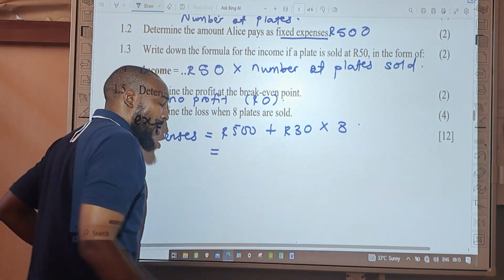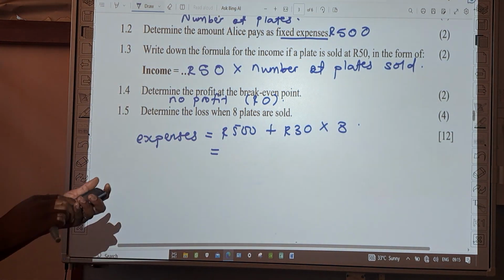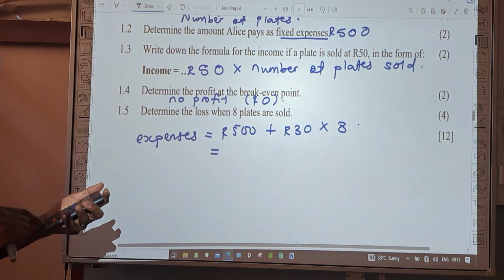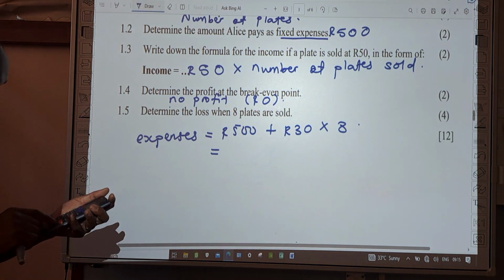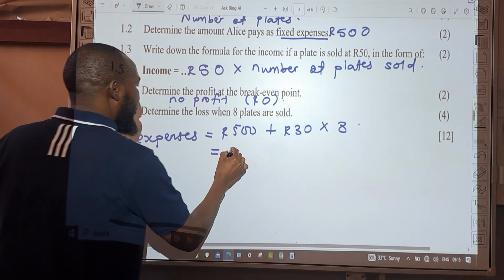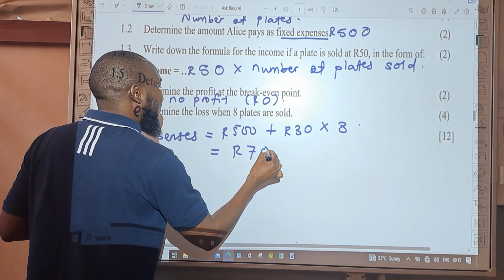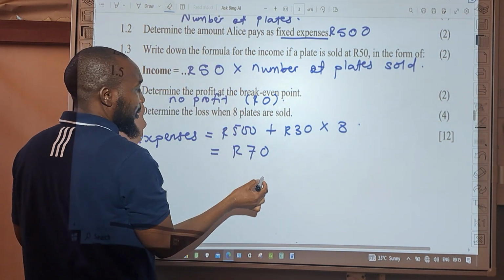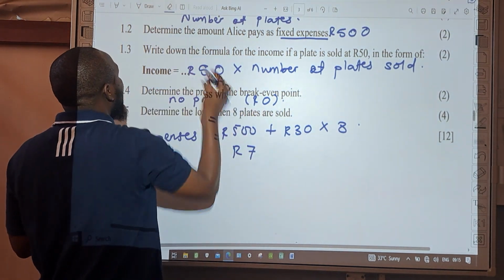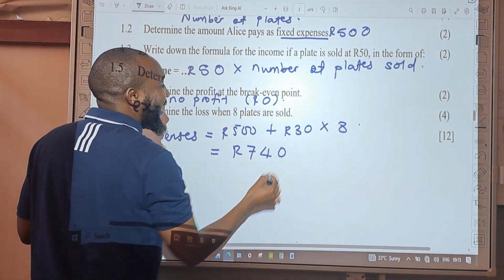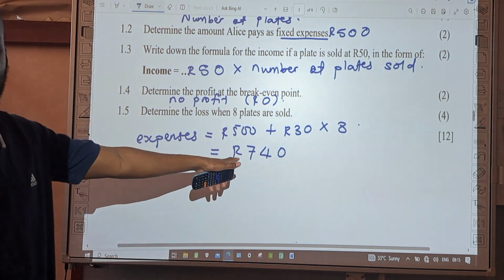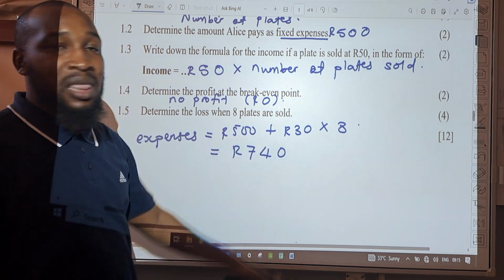Then you need your calculator for that. 500 plus 30 multiplied by 8. This gave me 740 rands. So it costs you 740 rands to make 8 plates.